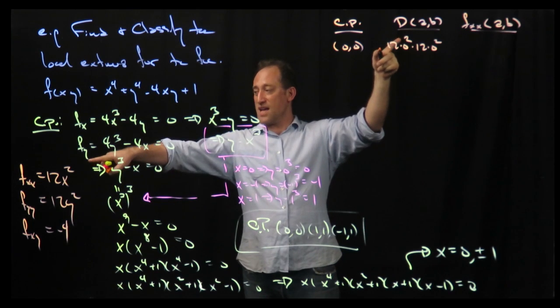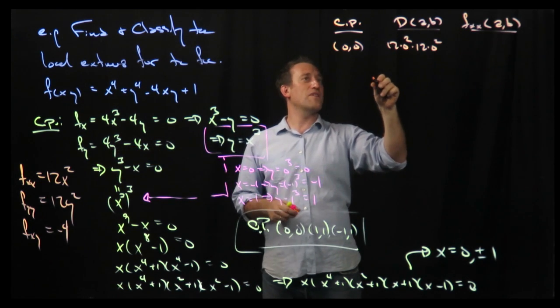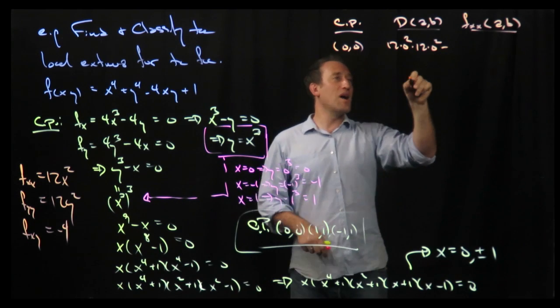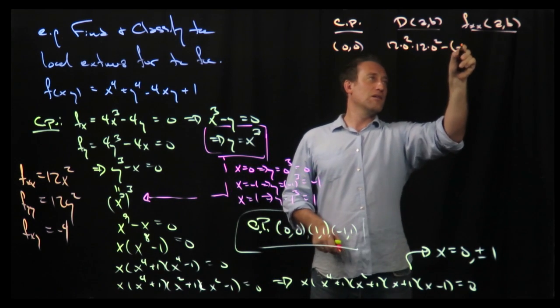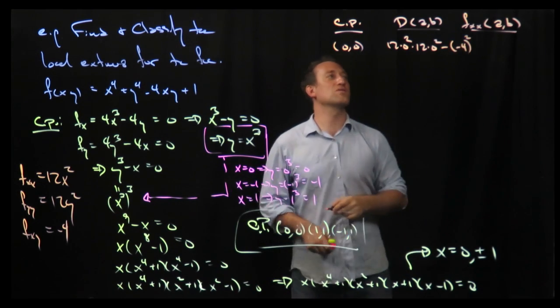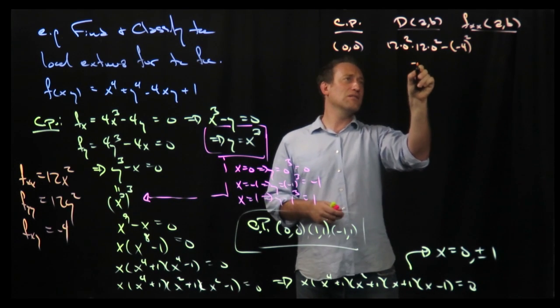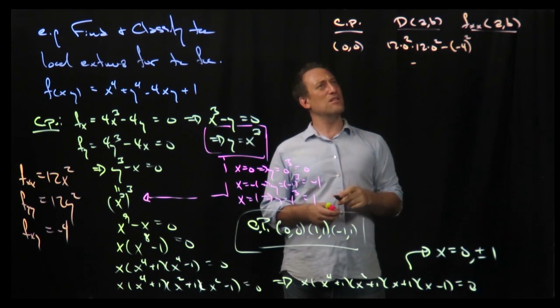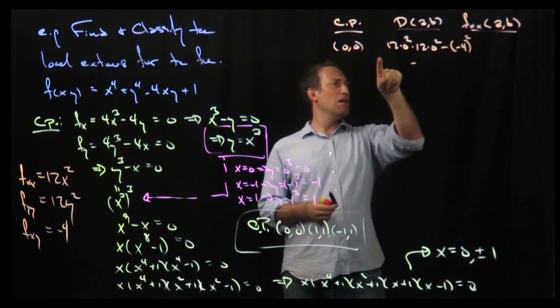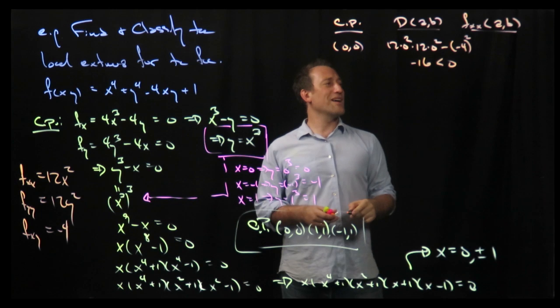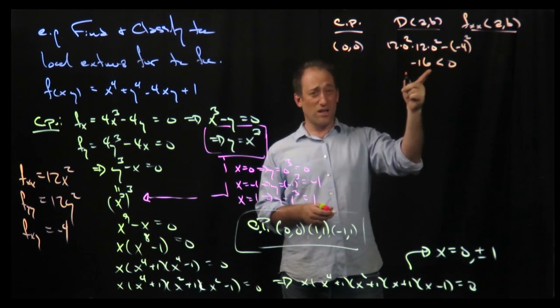This is fxx of (0, 0), fyy of (0, 0), and then minus a minus 4 squared. That turns out to be a minus 16, which quite clearly is less than 0, which is all I need.